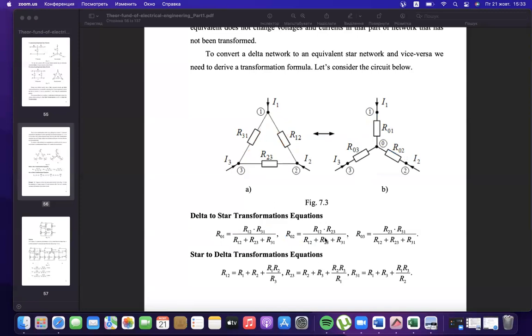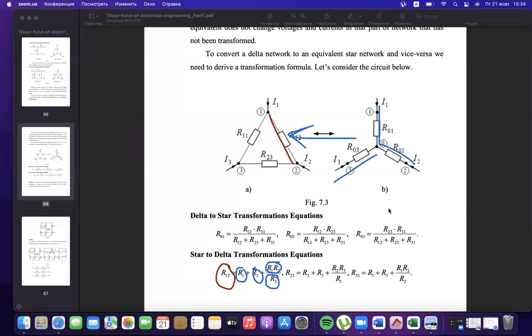If we are making the opposite transformation, in the opposite direction, and we are searching for some branch of the triangle, we should take both branches near these points, add them, then multiply them in the upper part, and divide by the last third resistance.